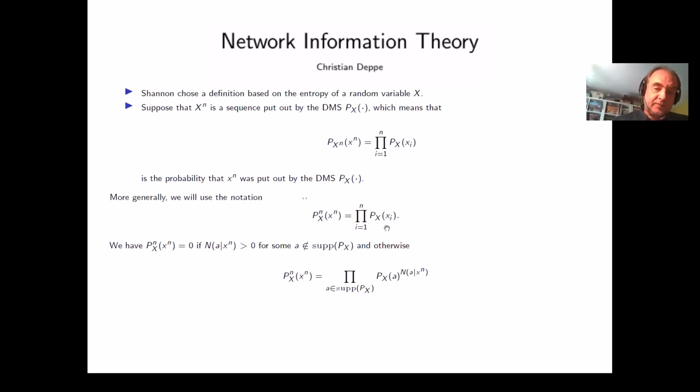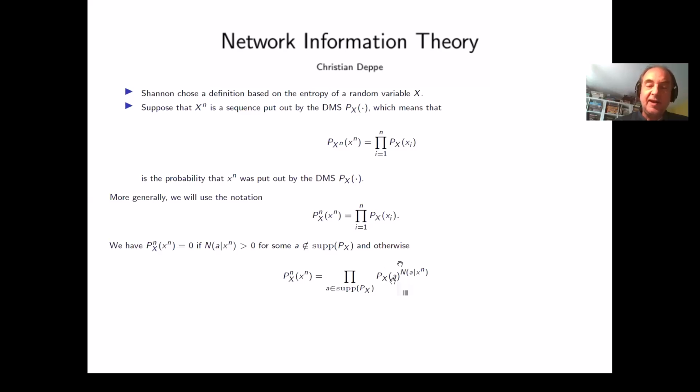Now, of course, how do we calculate it? It doesn't depend on where the zeros and ones are standing, because when we calculate the probability we just count the number of zeros and the number of ones. So we count here P_X(a) to the number of zeros, and then the number of ones.